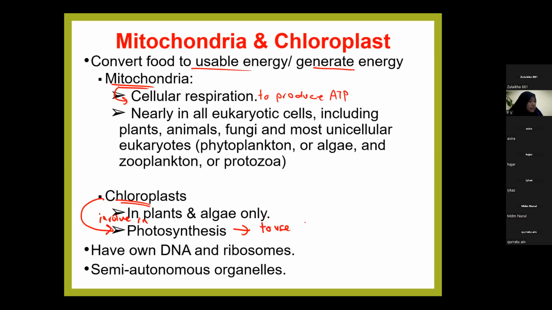To use carbon dioxide, right, and to convert carbon dioxide in order to produce oxygen. Salah satunya lah, right? Photosynthesis. So photosynthesis is a process where plant use carbon dioxide dan dia akan tukarkan carbon dioxide tu kepada oxygen dan juga gula. Okay, photosynthesis is a process where carbon dioxide is converted into oxygen and also sugar.